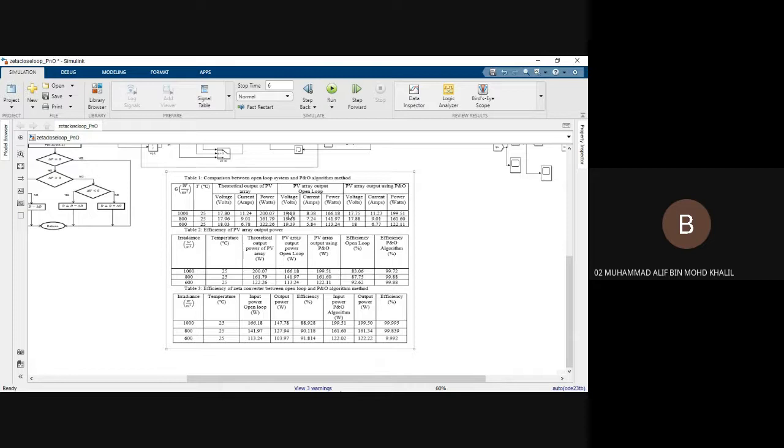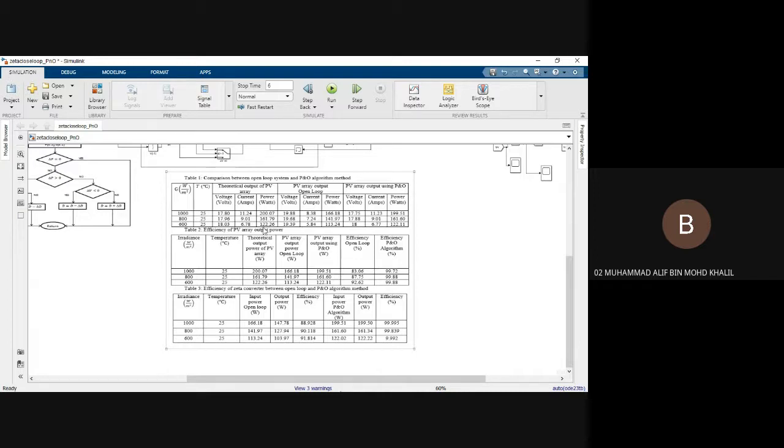For the 800 irradiance, the theoretical power is 161.79, while the open loop only produces 141.67, and the PNO algorithm produces 161.60, which is really close to the theoretical output of the PV array. Same goes for the 300 irradiance.